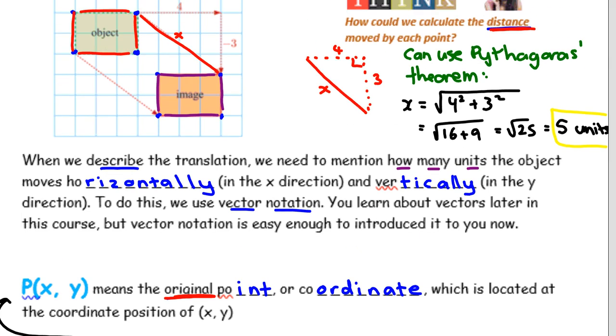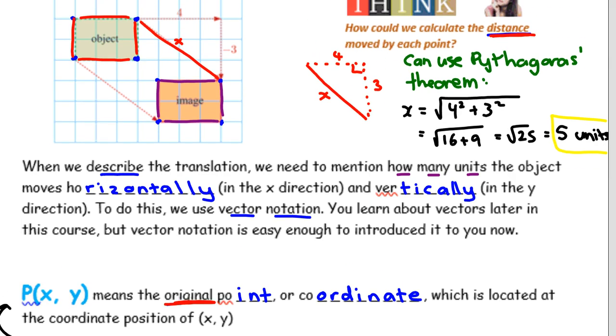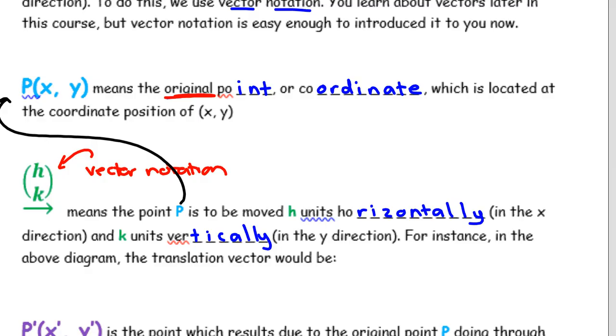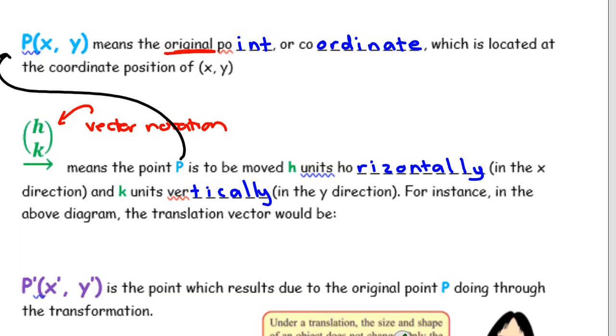For instance, in the above diagram, the translation vector would be, so you'd have a bracket. Let's say we went across by 4 and down by 3. The way we would write that, we have our tall brackets, and our h is our horizontal movement. It moved 4 units to the right and 3 units down.